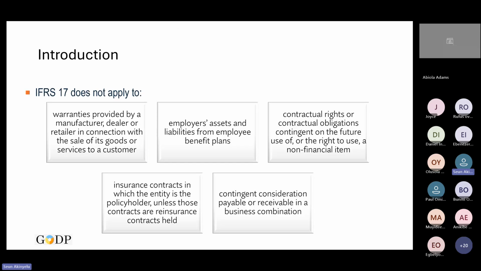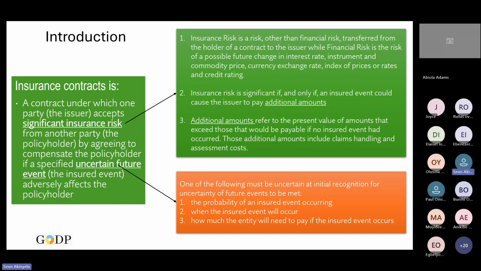But that is not what happens in a warranty. A warranty is that, if this fan breaks down, you have a warranty for 1 year. So it is not like an insurance contract where there's a significant insurance event that must occur that you would have to pay back.